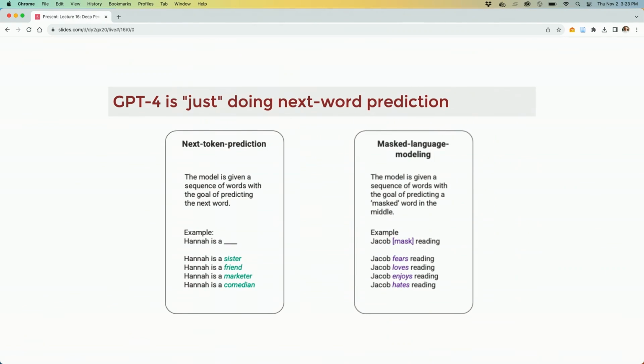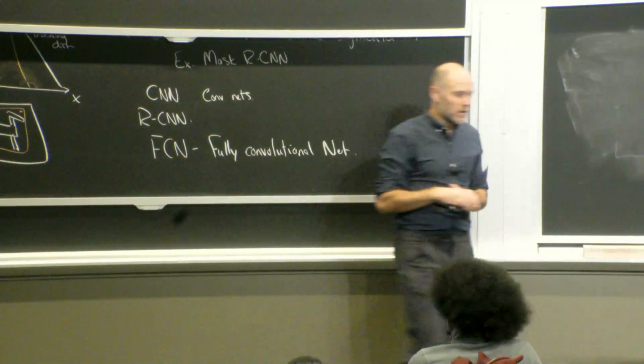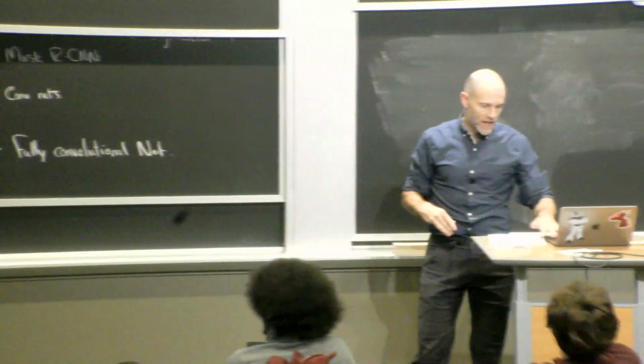But the slightly better analogy, which happened in large language models also, is to think about a variation of that, which is to do masked language modeling, right? So instead of predicting the next word, just hide some of the existing words and see if you can complete that. And that one seems to have a better analogy to images.